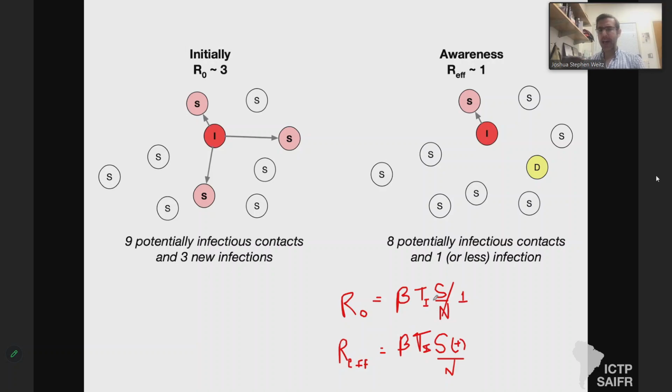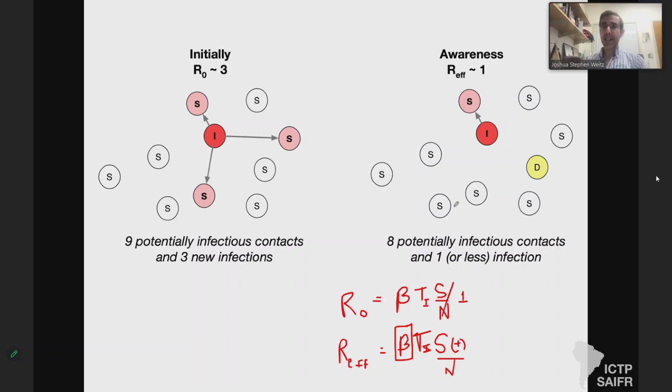Because beta Ti is considered the same, and you imagine that people don't change their behavior. If it's a common cold, they're not really changing their behavior that much. So this thing becomes the same as before. It's this part. But it's also possible that S of t still remains close to 1, and awareness is changing this, or even in some ways, not the period of infectiousness, but the period of relevant infectiousness, if people identify symptoms and stop going out.